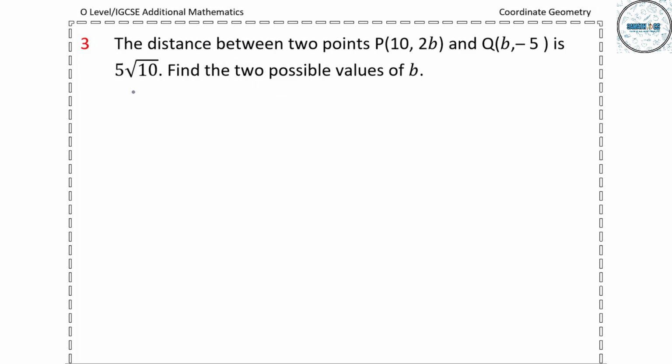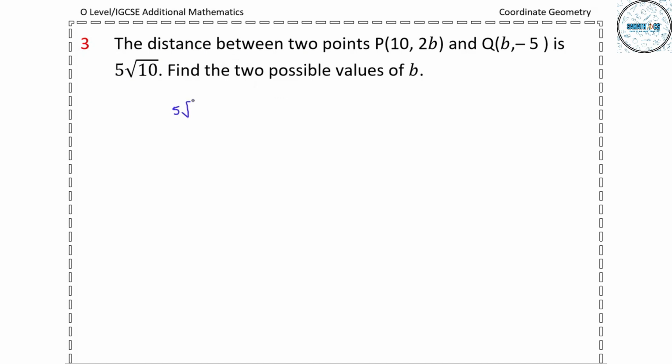Next question. Now the distance between 2 points P (10, 2b) and Q (b, minus 5) is 5 under root 10. We have to find the possible values of b. As the distance between 2 points is given, we can use here the distance formula in which the distance is already given.